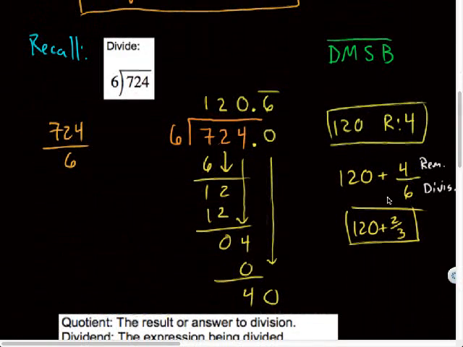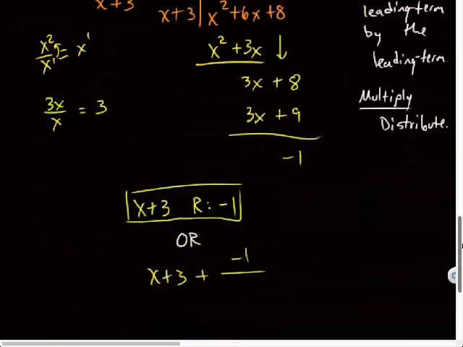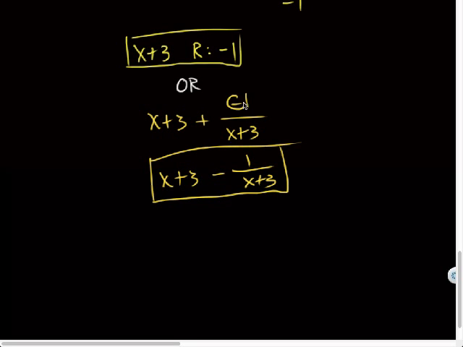Oh, the divisor. In this case, the divisor is x plus 3. So the divisor goes here. I could write that as x plus 3 minus 1 over x plus 3, if I wanted to just put that minus sign out front. So there's two ways that you could write that.